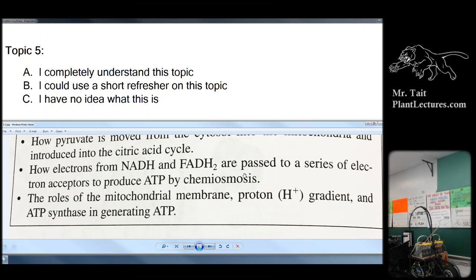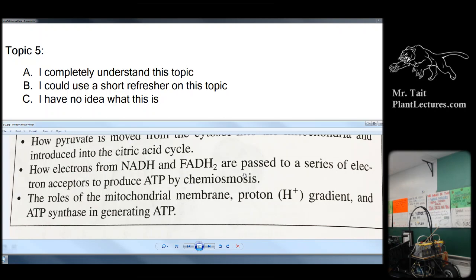They contain iron. And because they contain metals, they can accept electrons of certain energy levels, and then they can give away electrons of certain energy levels. They can change their oxidation states. So what happens is the electron gets passed in at a really high energy level, and then it gets passed down from one ferredoxin to the next ferredoxin to the next cytochrome, and so on, until it gets to the very end, where that electron has now used up all of its energy.